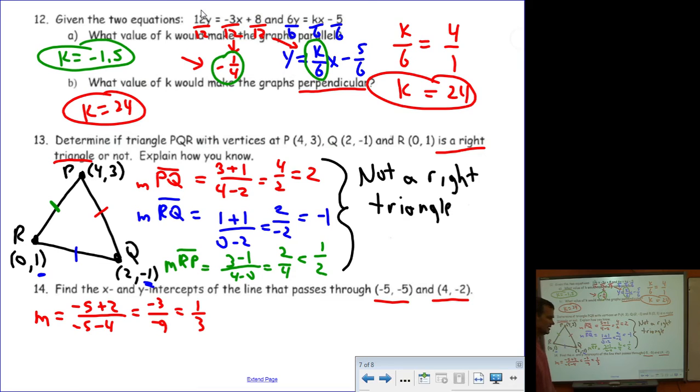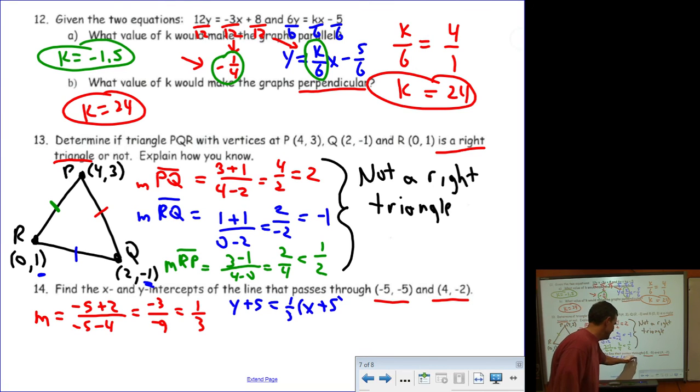All right. So the equation for this line in point-slope form would be y plus 5 equals 1/3 times x plus 5. Maybe I simplify that. Let's distribute the 1/3. That'd be 1/3 x plus 5/3.